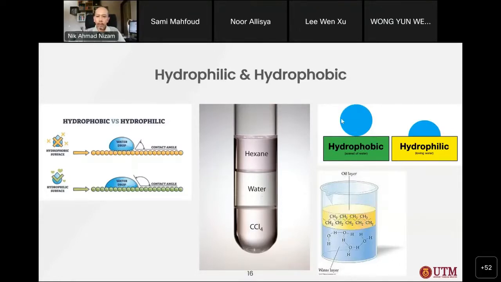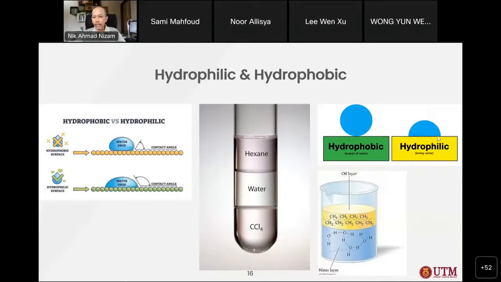So you can see here, this is the molecule of water on the hydrophobic surface. There is no interaction actually, so it becomes in the form of balls, or in the form of a circle.